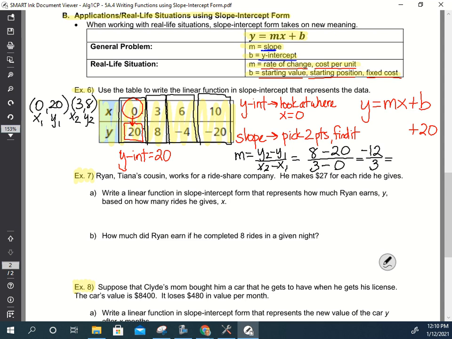He was right, you just forgot negative. So your slope is negative 4. So your answer is y equals negative 4x plus 20. Good job.